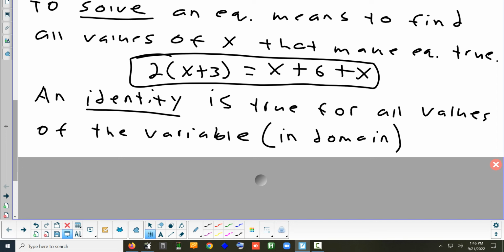If I do out what's on the left-hand side with the distributive property, can anyone tell me what I would get? Yeah? This side would turn into 2x plus 6. And Alex, what if I did out the right-hand side? It would be 2x plus 6.